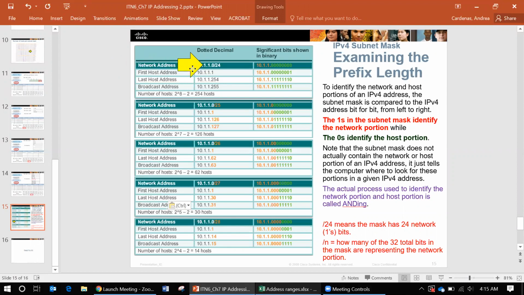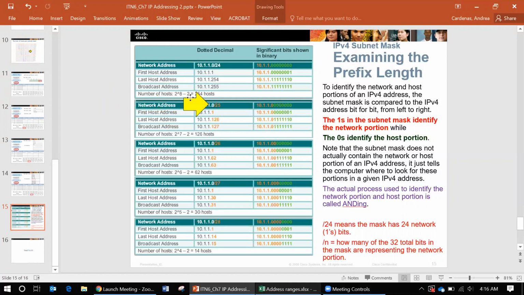That means that you have 256 addresses, but for your number of hosts, you have to subtract 2, because you need to reserve the very first one for the network, which is the .0, and the very last one for the broadcast. And if it's a /24, you have all 0 through 255. So the very last one is 255. Everything in between, .1, .2, .3, .4, .5, all the way to 254 can be assigned to different devices, computers, tablets, cell phones, everything that would be connected to the network.